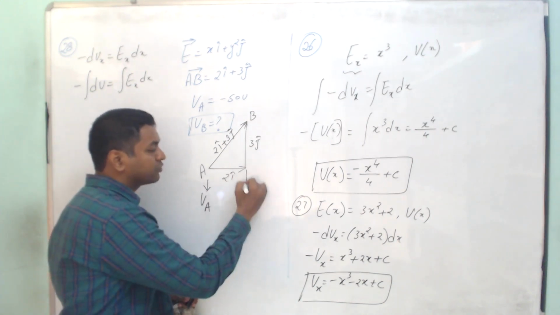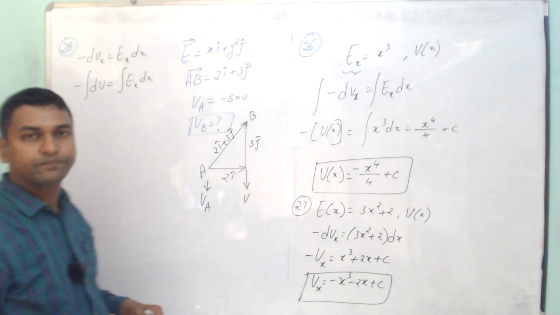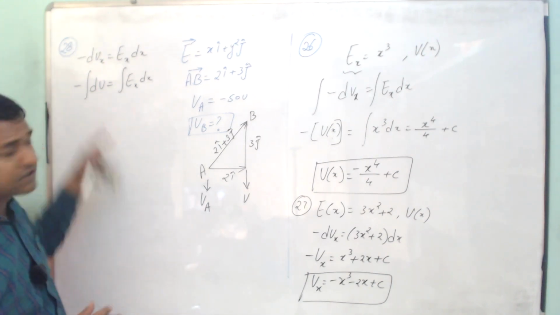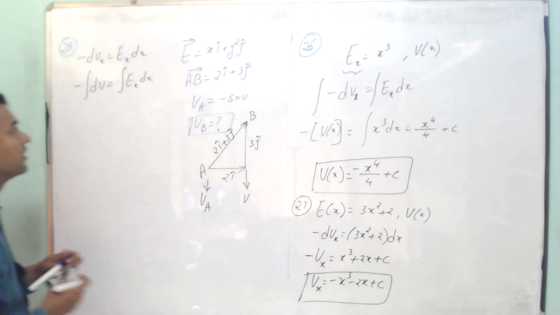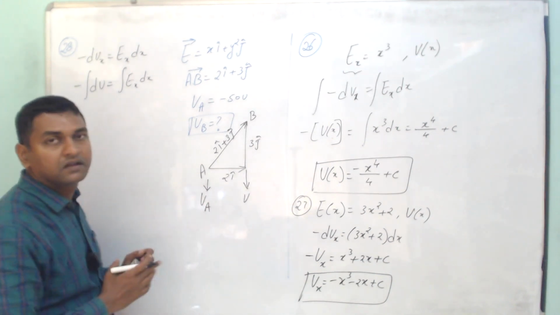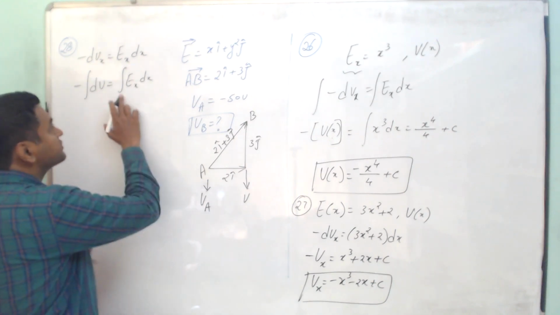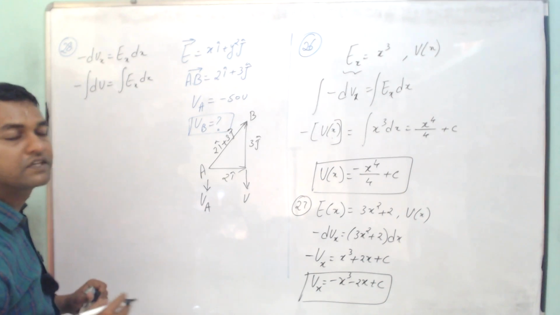Let me take the potential at this unknown point as V. Whenever we are doing this, whatever my limits on the RHS, I can substitute in the LHS also. That way also we can see.